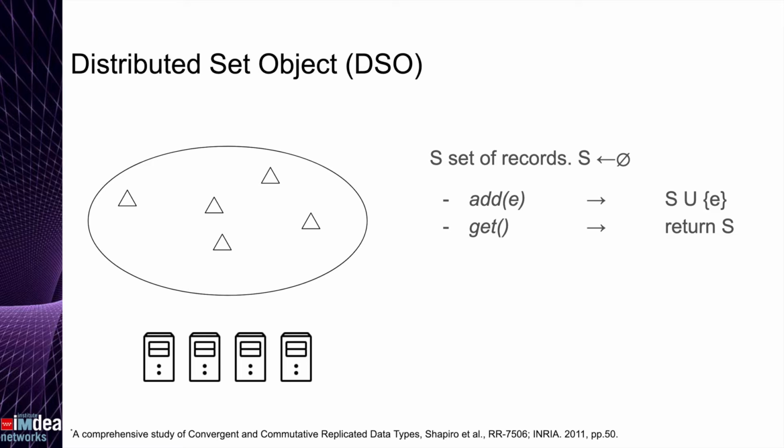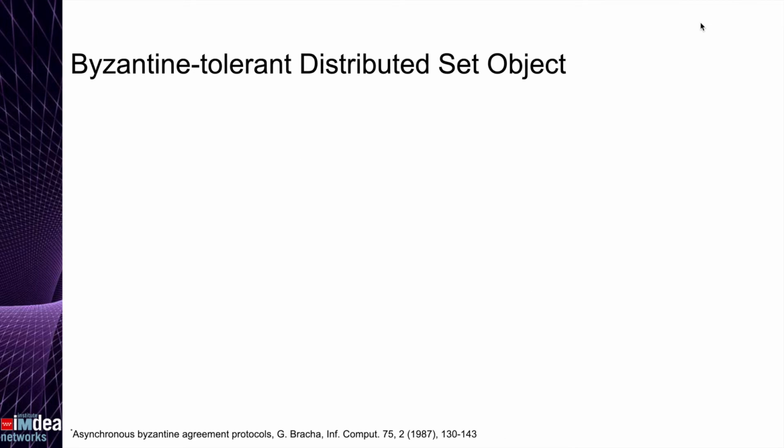Defined in such a way, this is a grow-only set, and while there are other works that treat the possible usages and combination of the grow-only sets, our proposal deals with the possible implementation of such a data structure. In particular, what we aim to provide is a Byzantine-tolerant specification and implementation of a DSO.